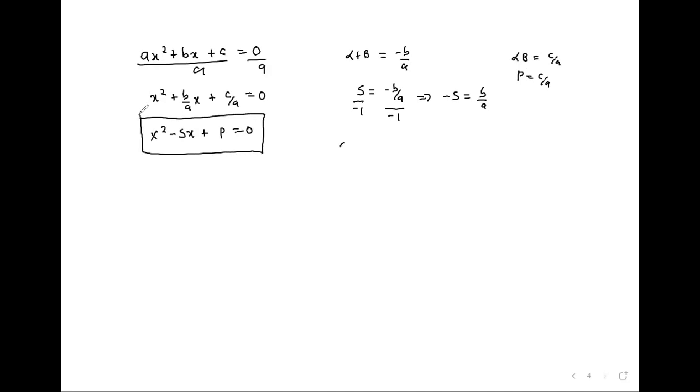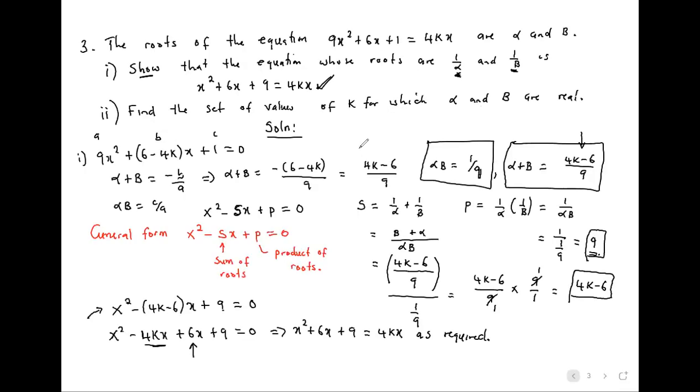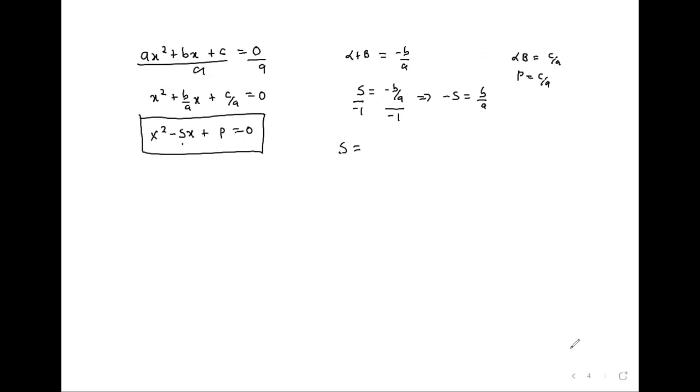Now we found S to be 4k minus 6. We also found P to be 9. It is in this equation that we are substituting just S and P. X squared is already there in the quadratic. It's what makes this equation to be called a quadratic.